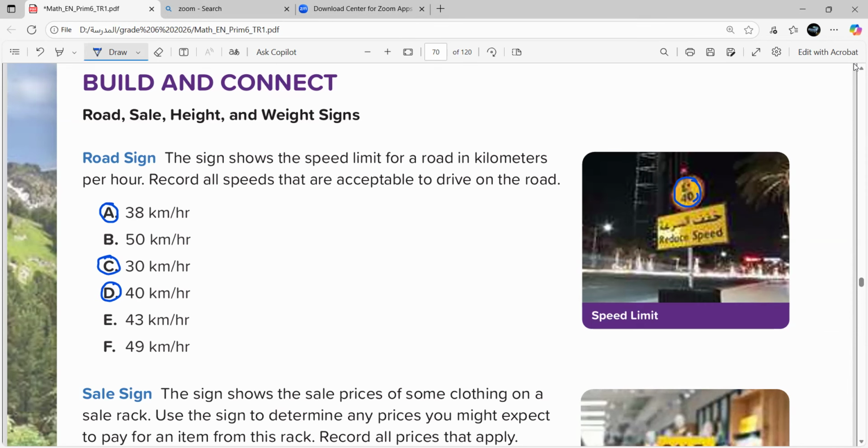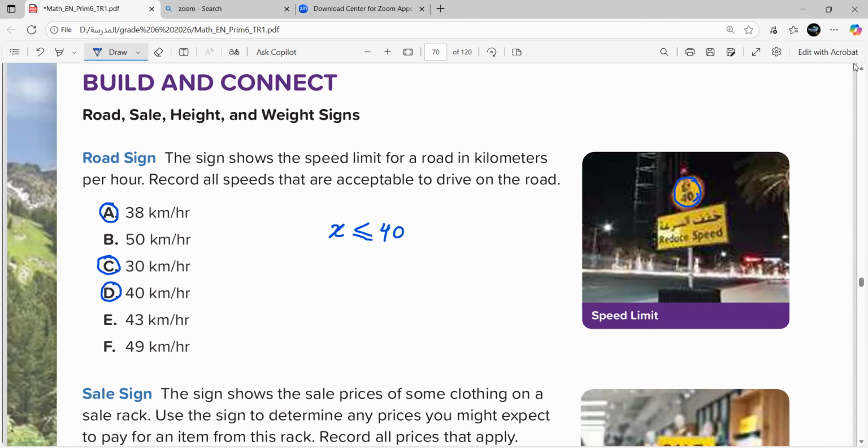Can we write it as an inequality? Yes, we can write it in this form. X, which is the speed of the car, which is unknown, can move maximum 40 kilometers or less than 40 kilometers. So we will put this sign. X is smaller than or equal to 40.